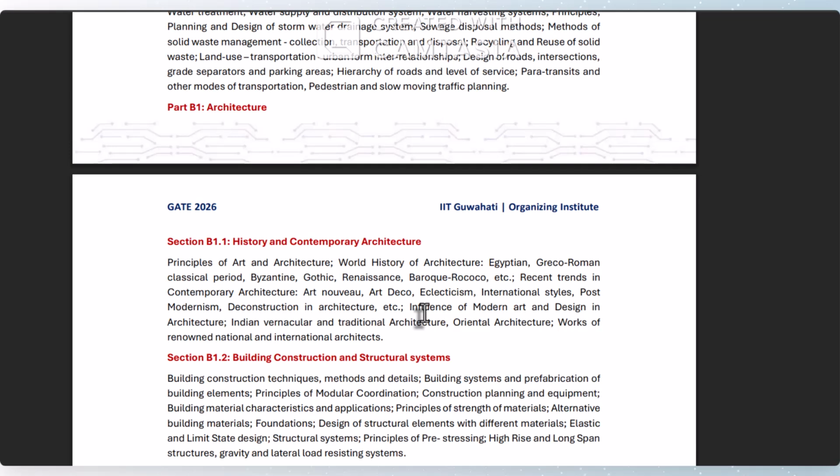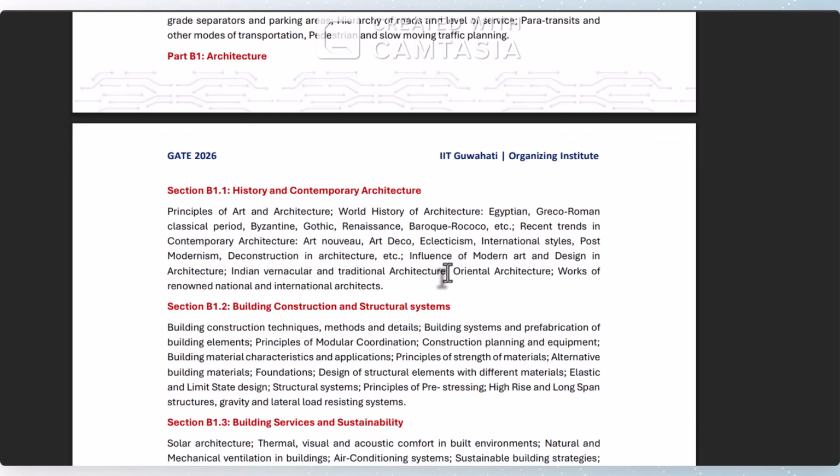That we all know is Le Corbusier. So these types of questions you can expect, and this is the elaboration of this part of core architecture, which is included in history and contemporary architecture.